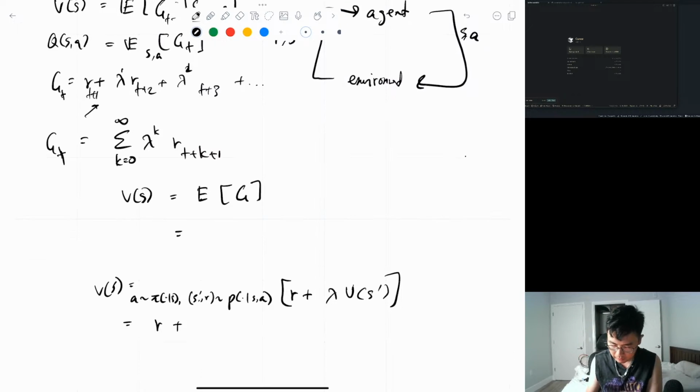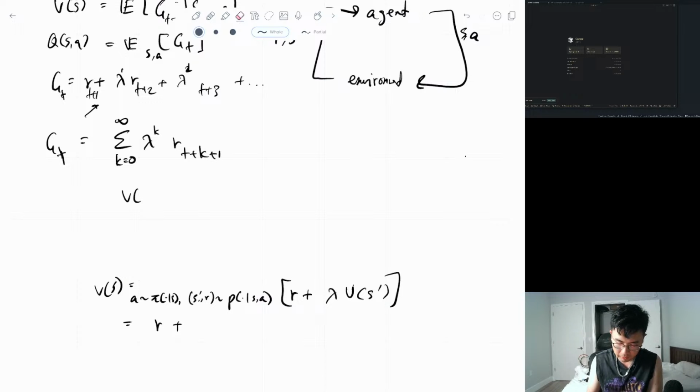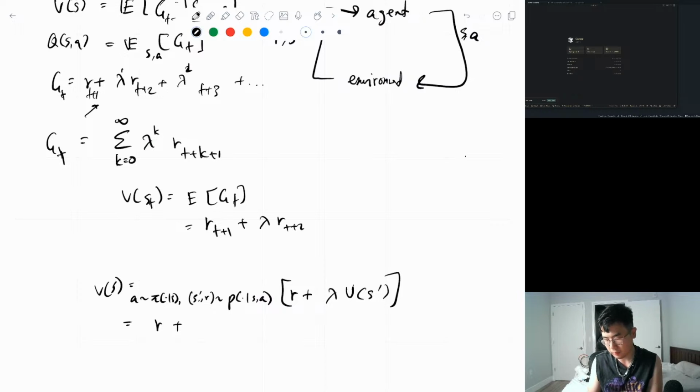And so this can be written as E of G. A better way to write this, I guess, is V of s t is equal to E of G t, which is equal to R t plus 1, plus gamma R t plus 2, plus gamma squared R t plus 3, right?